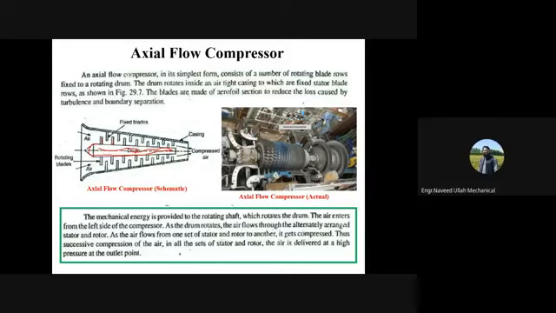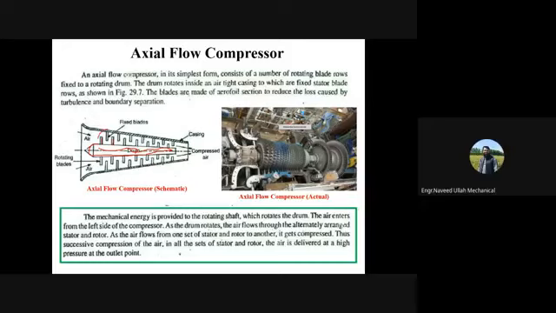What is mounted on the drum we call blades, and what is mounted on the casing we call stators. So this is the rotor, and when you put this rotor inside this airtight casing, this makes these the stators.